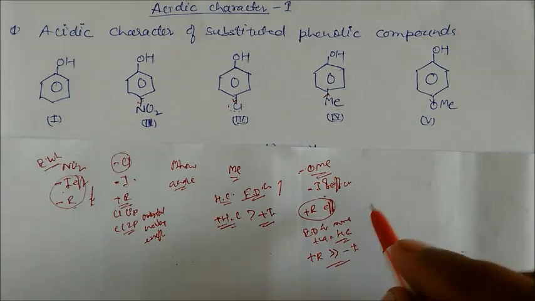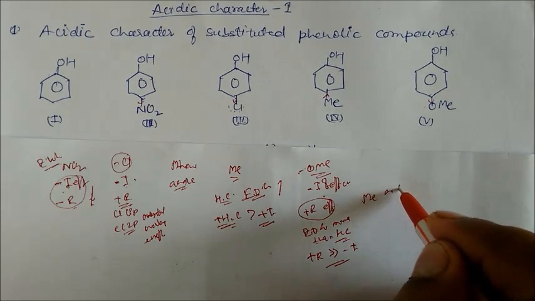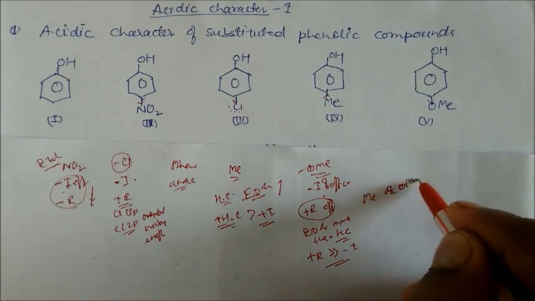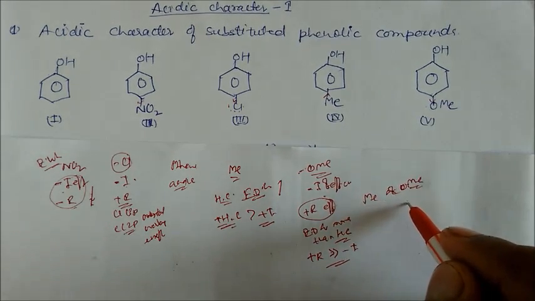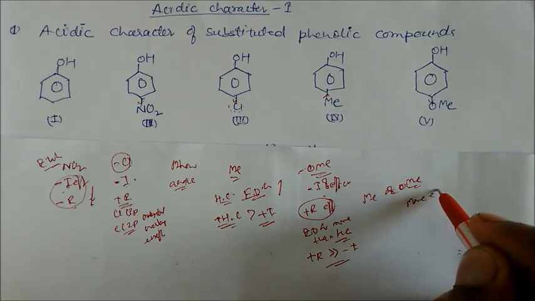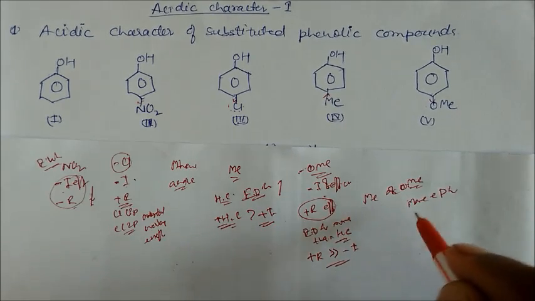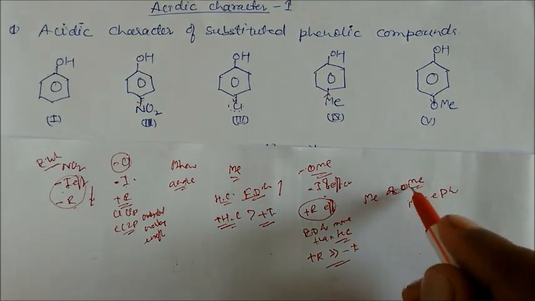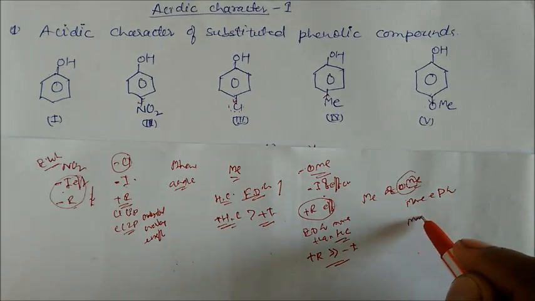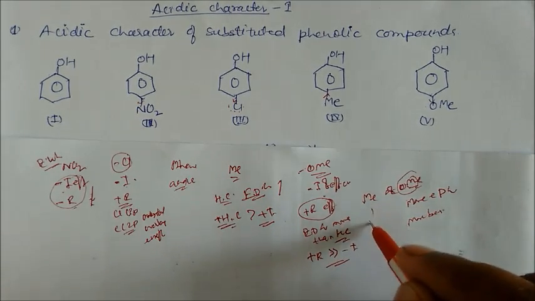So we can say, in case of Me and OMe, OMe has more electron donating character than methane. So this will be more basic, this will be less basic.